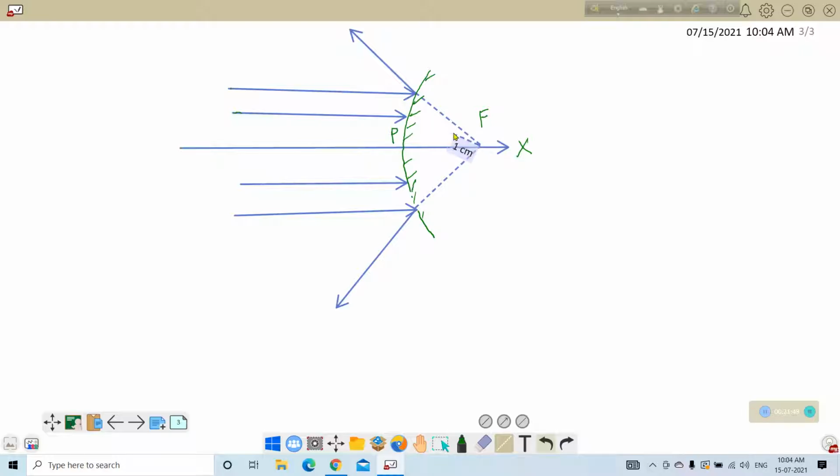This is the virtual ray. Similarly, this is the virtual ray.